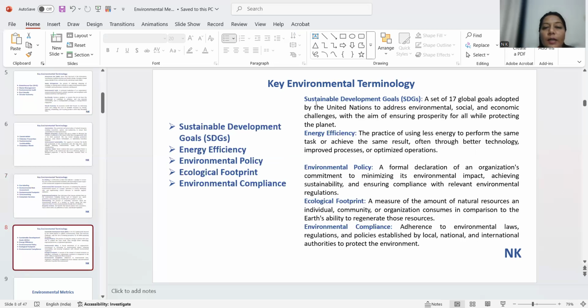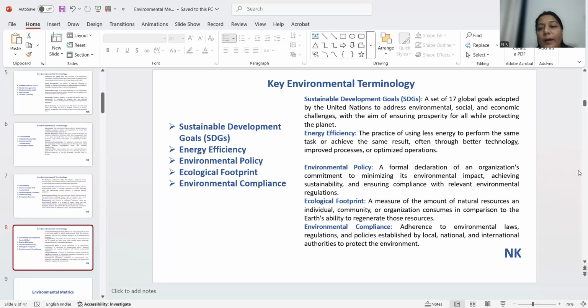The next point is the SDGs, Sustainable Development Goals, a set of 17 global goals adopted by the United Nations to address environmental, social, and economic challenges with the aim of ensuring prosperity for all while protecting the planet.